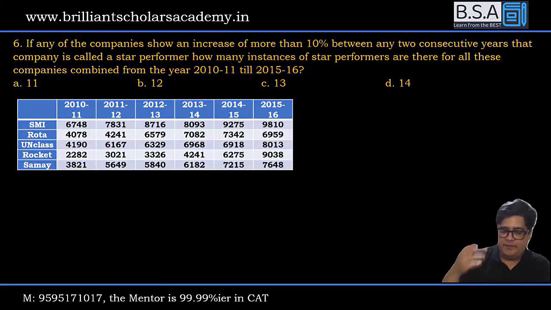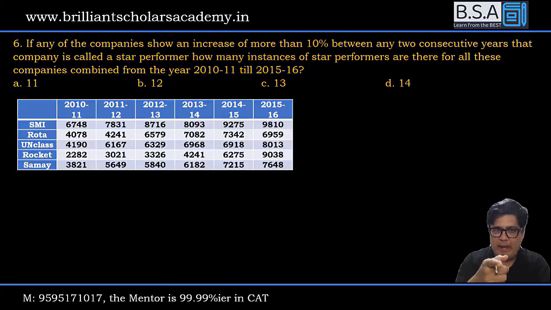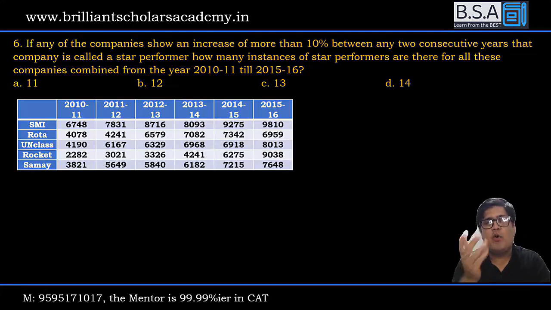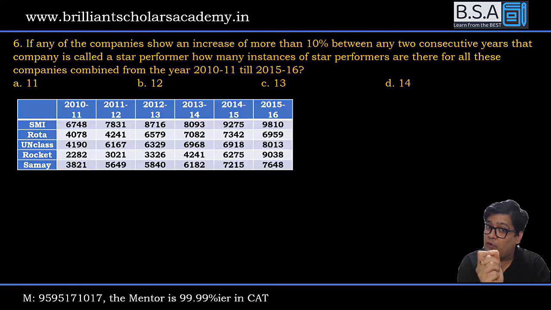If I am in a hurry, let us say I feel there is one more set which I felt was on the easier side, I probably will not solve this in the exam, क्योंकि मेरे को ये देखना है how many times a company has more than 10% increase, और exact 10% भी हो सकता है और थोड़ा 9.8 भी हो सकता है, तो I'll get a wrong answer.